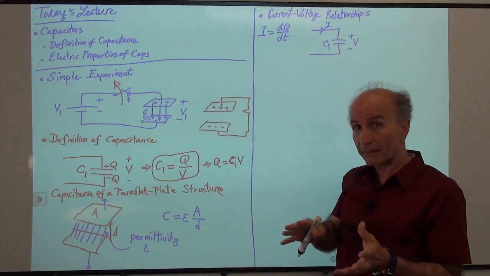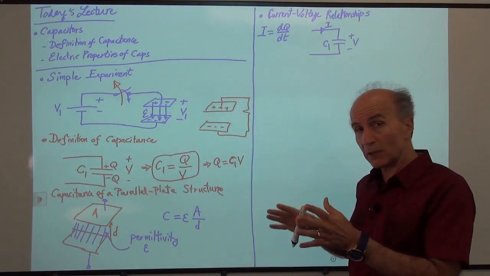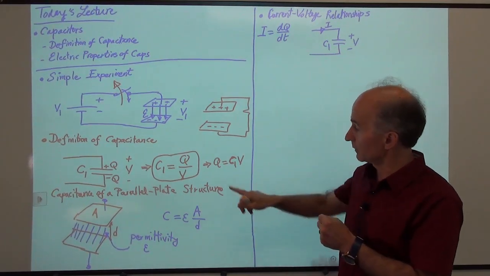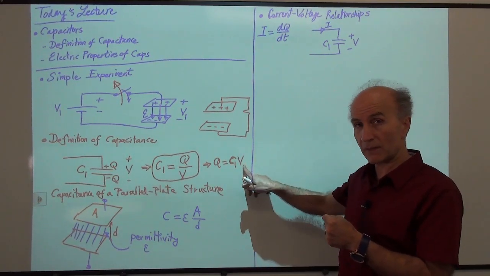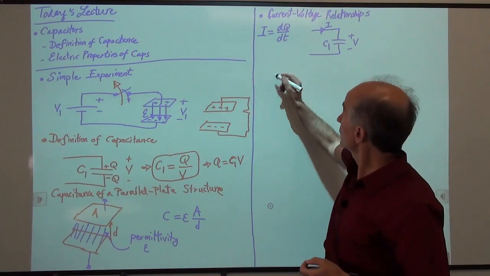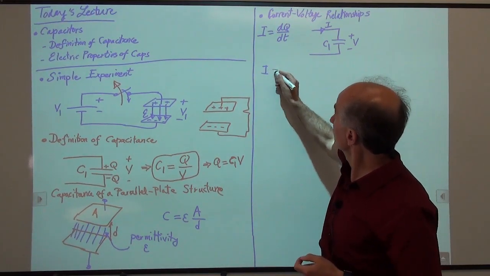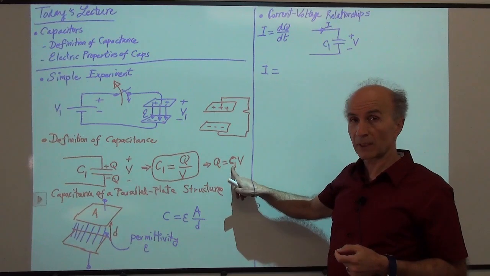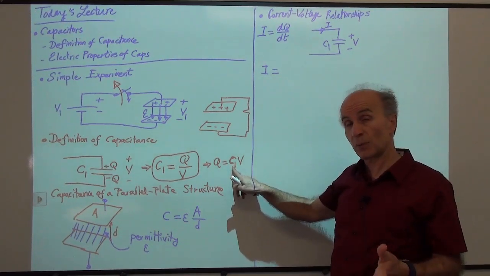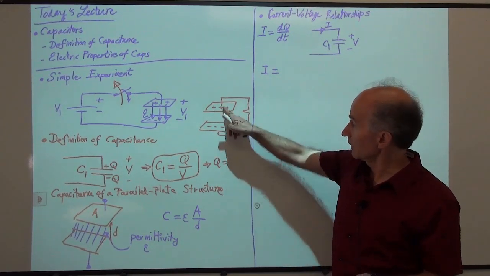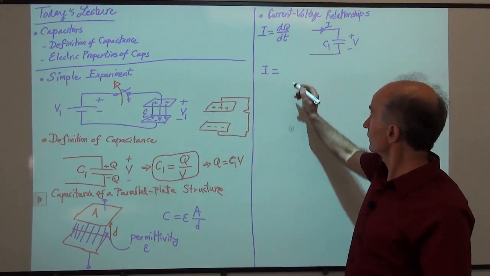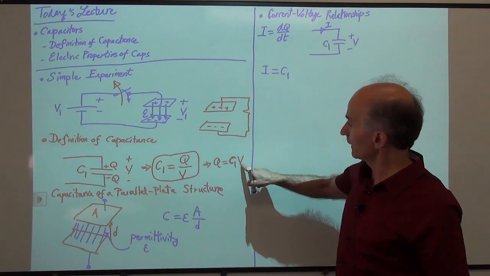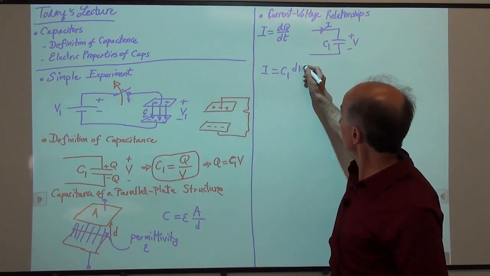So we also have an equation for Q of a capacitor, like this. So now we can go ahead and take the derivative of this to find I. So we say I is equal to the derivative of the capacitor. Let's say the capacitor itself doesn't change with time. That makes sense, right? Here, these two plates are fixed. They're not changing with time, so that's not a function of time, so C1. And then the derivative of the voltage with respect to time.